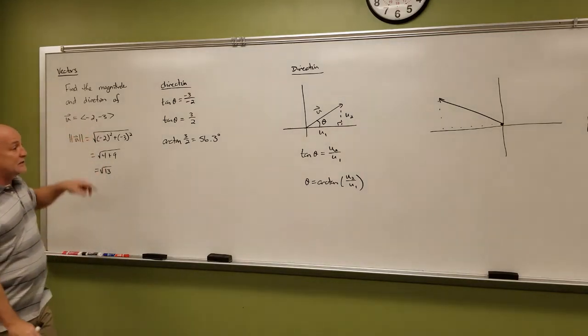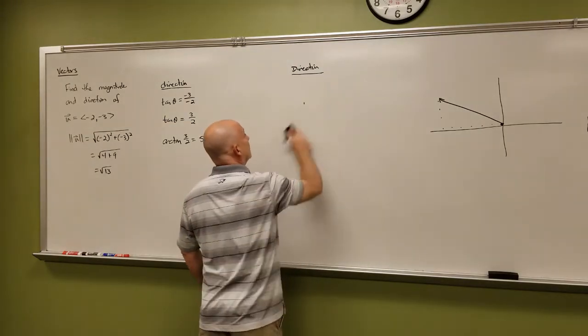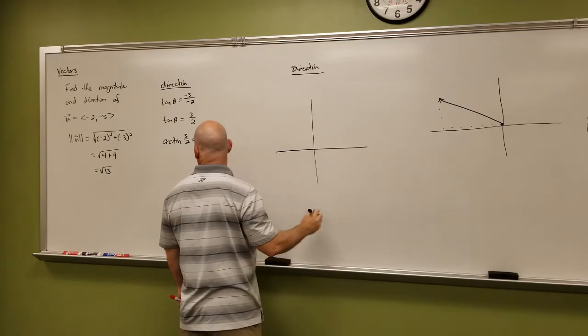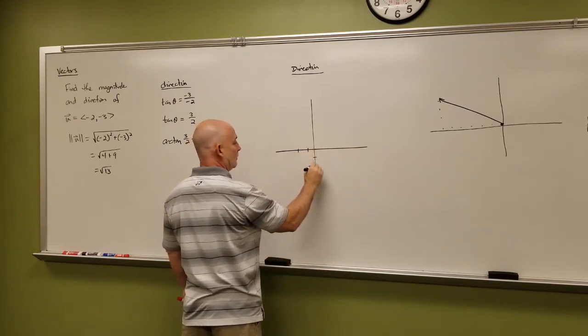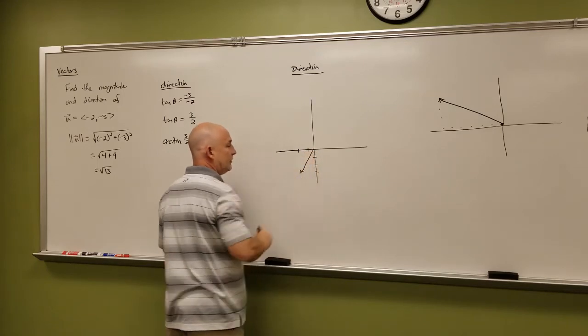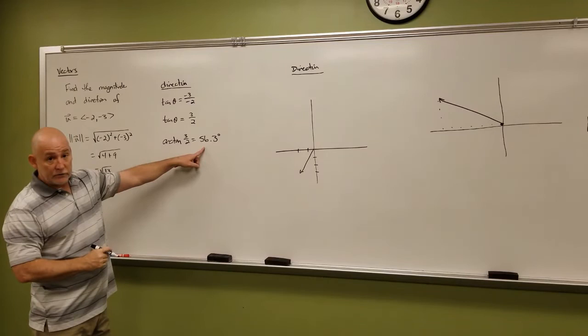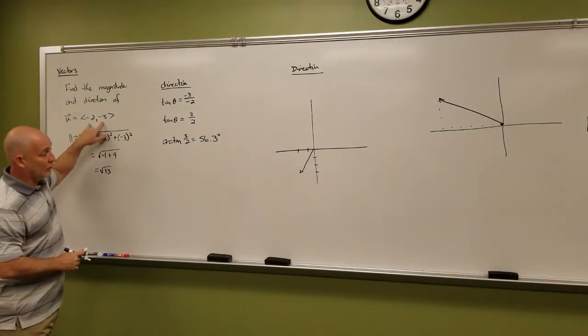Now, you should be able to tell that this answer is wrong, because if I ask you to sketch this in standard position, the vector -2, -3 points down there into the third quadrant. So that's in the first quadrant. So you can see that that angle's wrong. And you can definitely tell because the x and y are both negative.